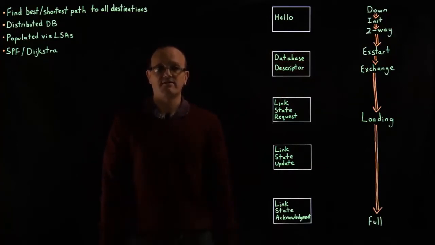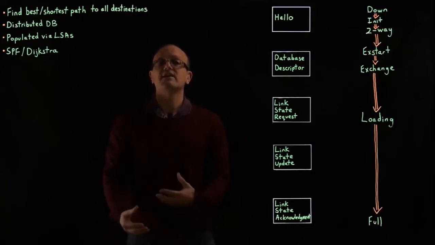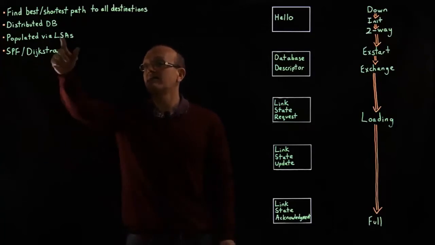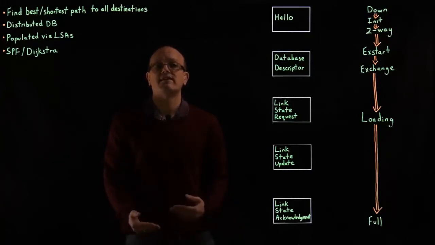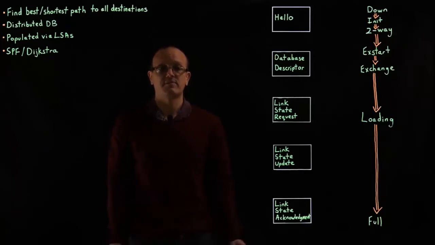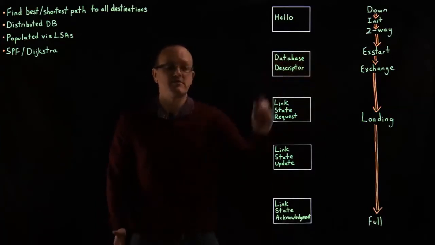Database descriptor packets are used to tell neighbouring routers exactly what the local database, that database of LSAs that we talked about earlier, consists of. So we can tell our neighbours what our database looks like. Our neighbours can tell us what their database looks like, and we can synchronize them to bring them in line with each other. So that's database descriptor packets.